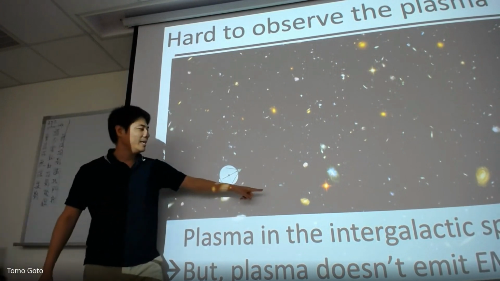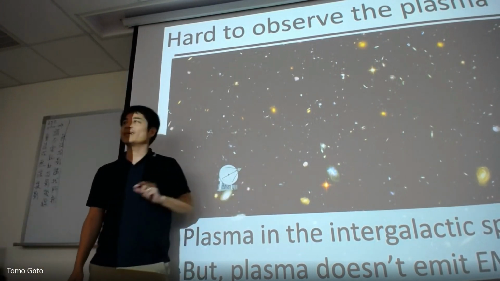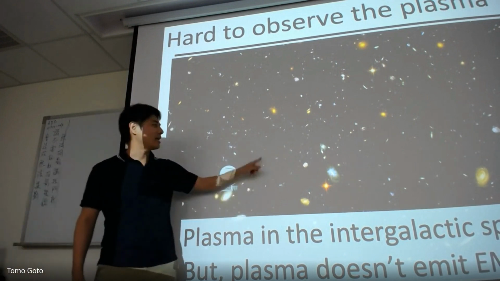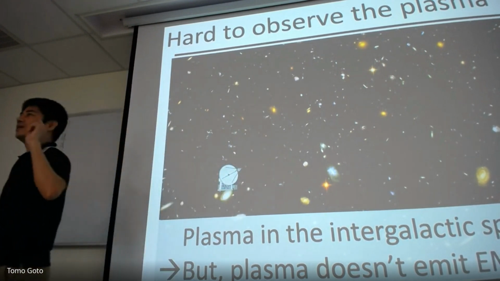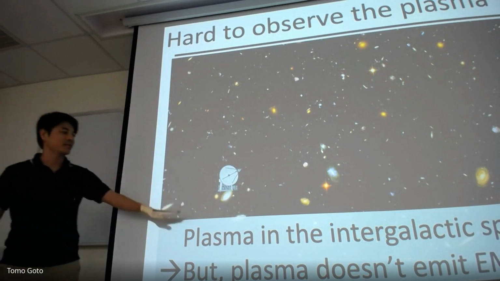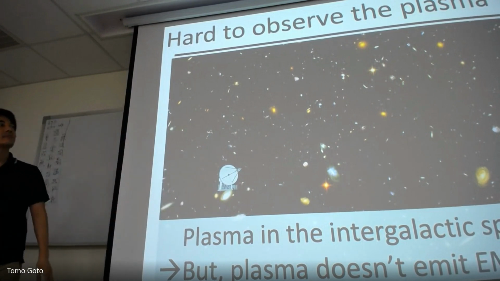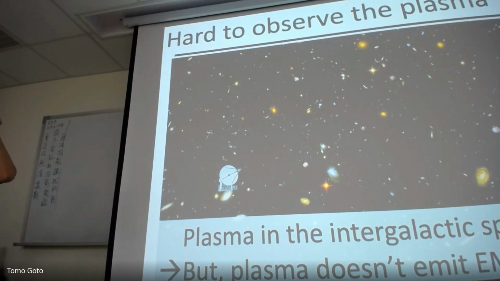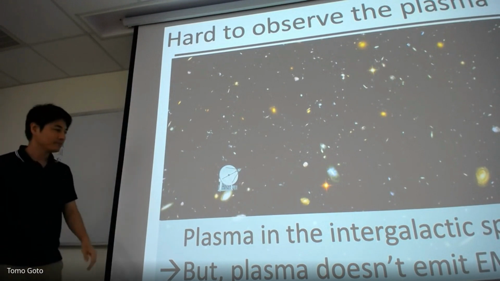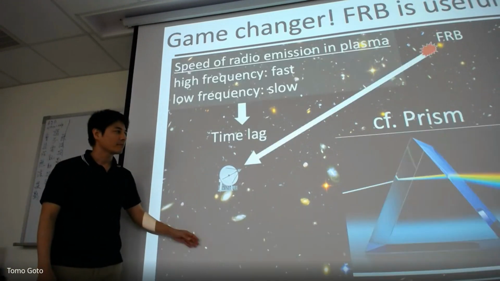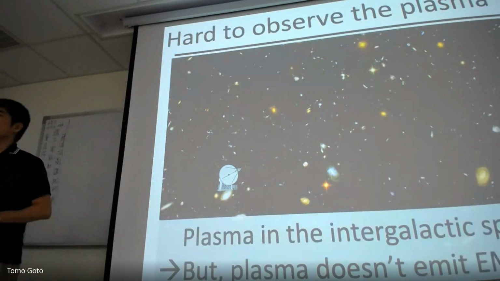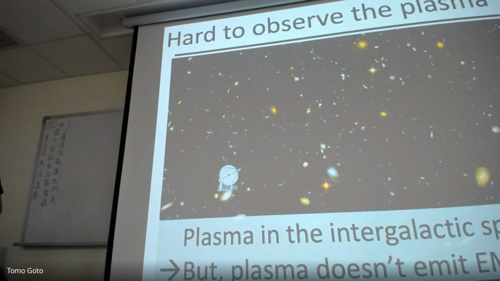We cannot directly observe plasma in intergalactic space. That's why it looks black. So that's why we are missing this plasma. Plasma is baryon. That's our expectation. We don't know. But this has been a huge problem in astronomy.